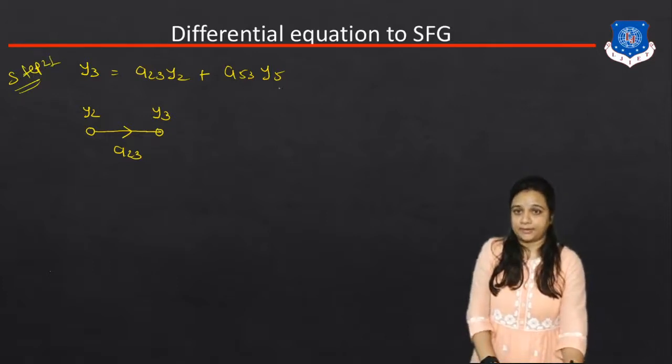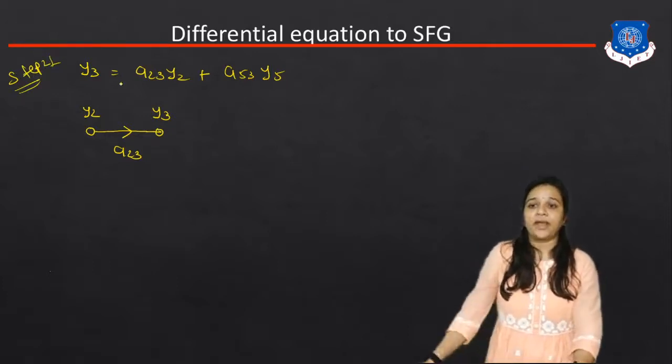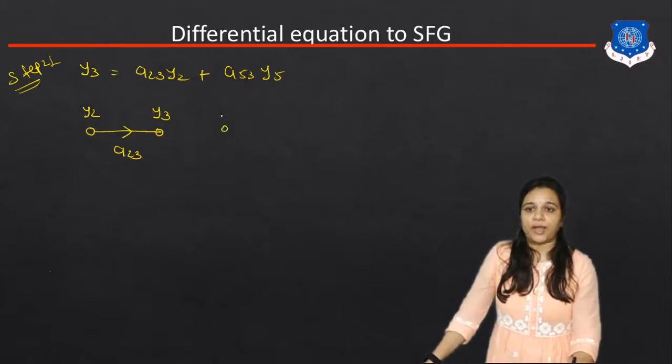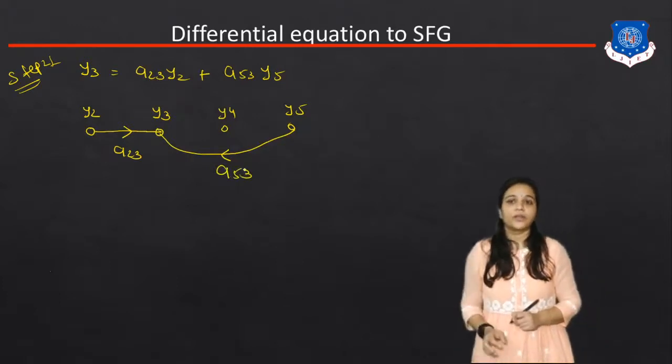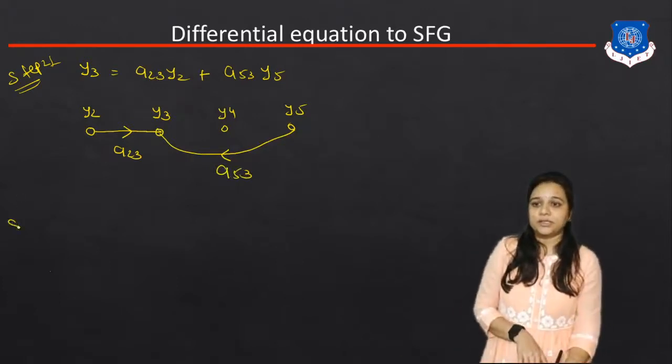Now for y5 and y3, here you have to draw y4, and this is y5, starting from y5 and ending at y3 like this, and the gain will be a53. Clear? Now this is step number 3.